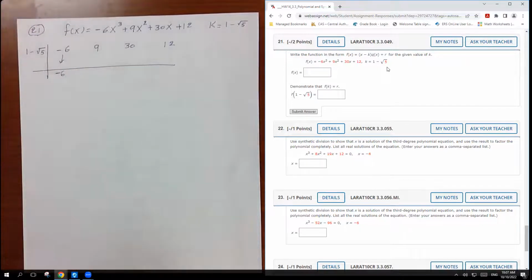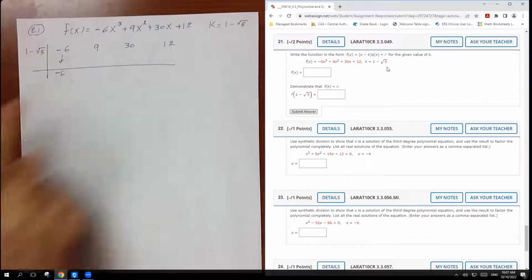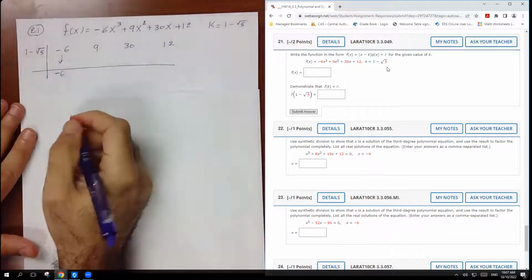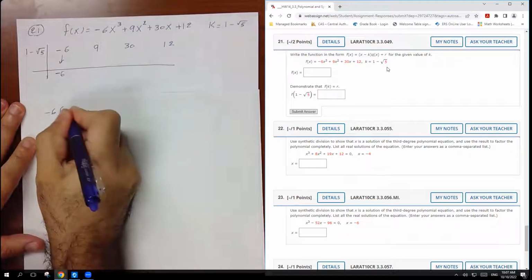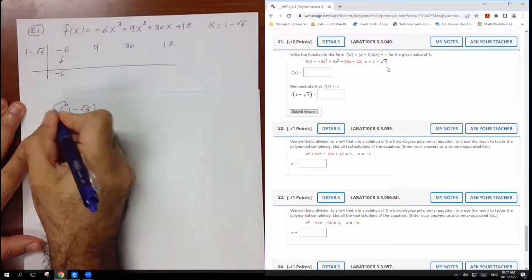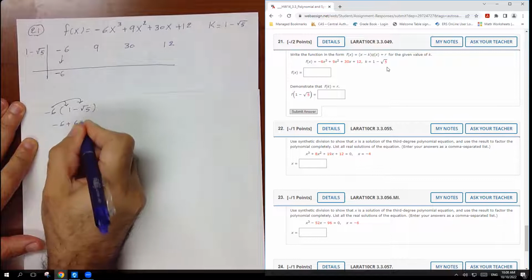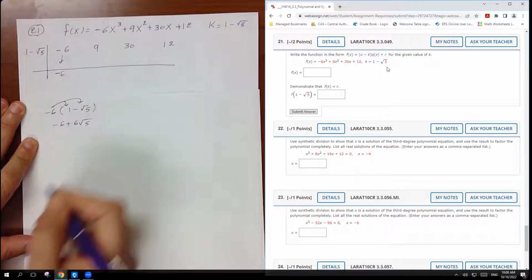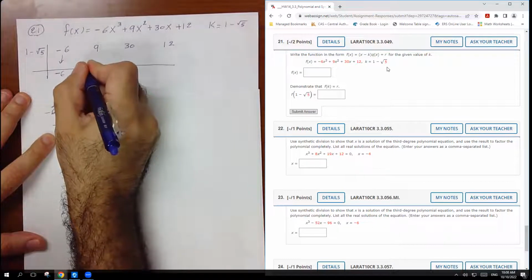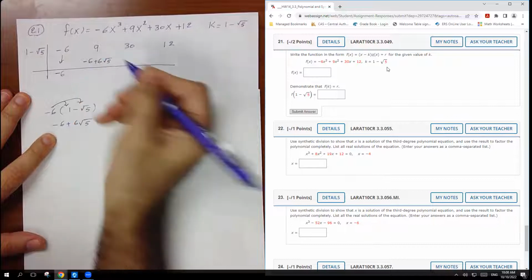Now look at the second part. We're going to multiply 1 minus the square root of 5 times -6. Let's do the multiplication on this side. Distribute, so it's going to be -6 plus 6 square root of 5. So the first number here is going to be -6 plus 6 square root of 5.